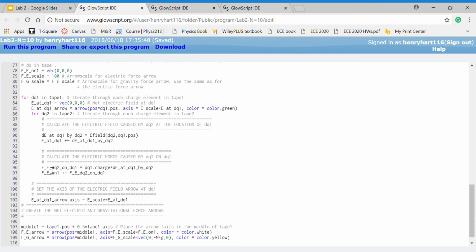We can also find the force from each point in tape 2 on points in tape 1 by multiplying the charge of dq1 times the electric field calculated from one point in tape 2 on one point in tape 1. This is Coulomb's law. So when summed up over all the points in tape 2 and over all the points on tape 1, this will give us the force from tape 2 on tape 1.